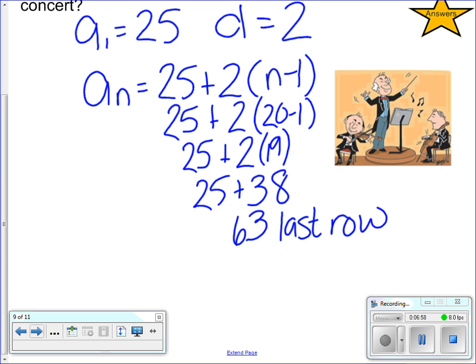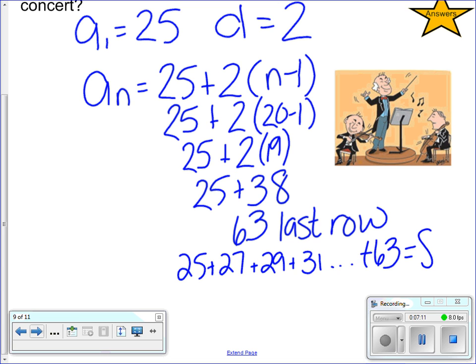If we wanted to know if it was sold out, we would add the rows: 25 plus 27 plus 29 plus 31 and so on, plus 63 as the last one, and that would equal 880.